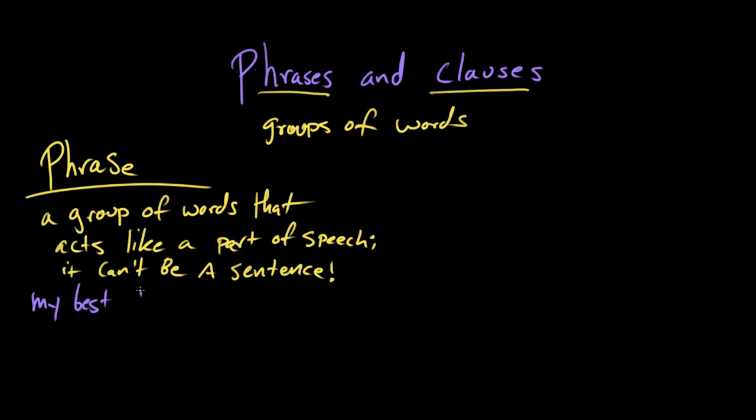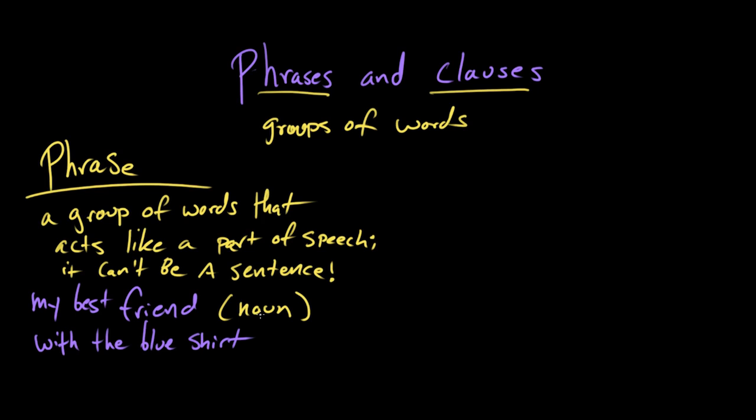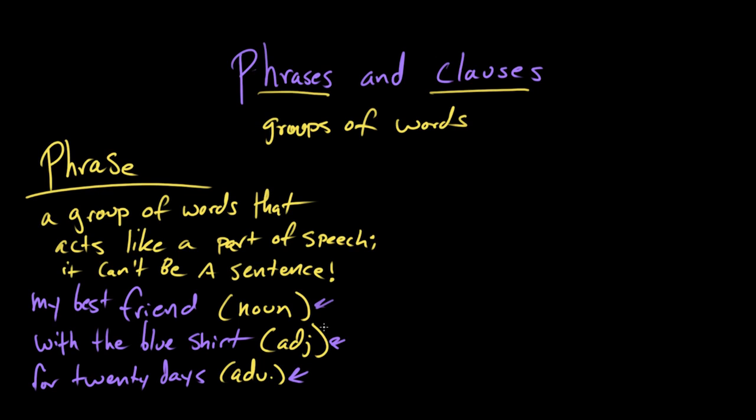This is a group of words that ultimately behaves like a noun. Then there's an adjective phrase, with the blue shirt. This is a prepositional phrase that is behaving like an adjective. And then for 20 days, which behaves like an adverb. So this is a noun phrase, an adjective phrase, and an adverbial phrase. None of these can be sentences, but they all act like parts of speech.